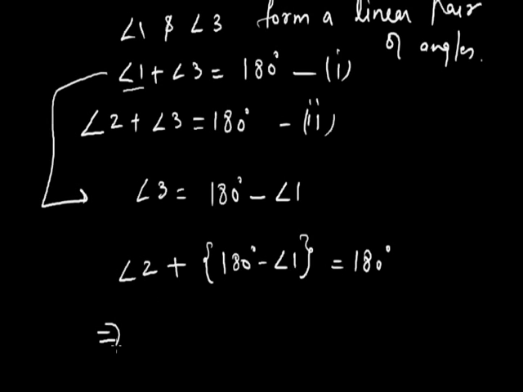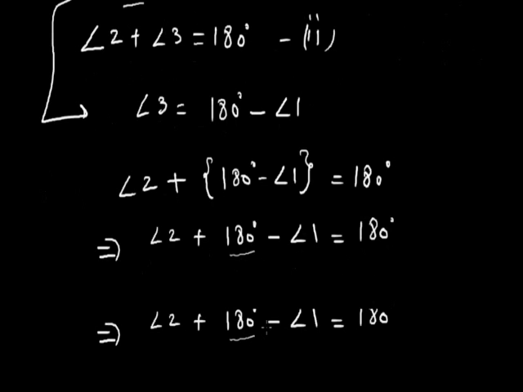This implies angle 2 plus 180 degrees minus angle 1 is equal to 180 degrees. Taking this 180 degrees from the left hand side to the right hand side of the equation, I'll get angle 2 minus angle 1 is equal to 180 degrees minus 180 degrees, which is equal to 0.